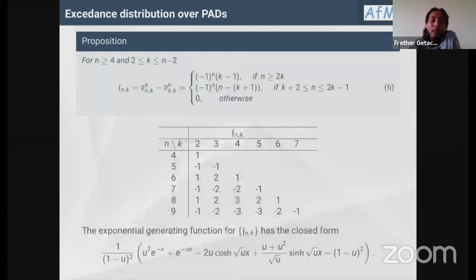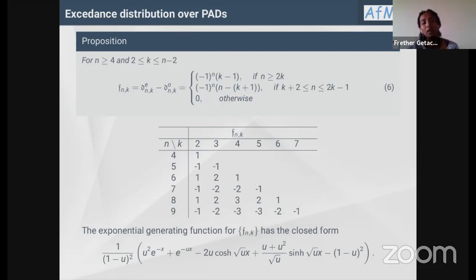Here we also take the difference of the two numbers. That means the difference between the number of even paths over n having k exceedances minus the number of odd paths over n having k exceedances. We proved this formula in a recursive way, or we use a recursive proof to show this one is correct.